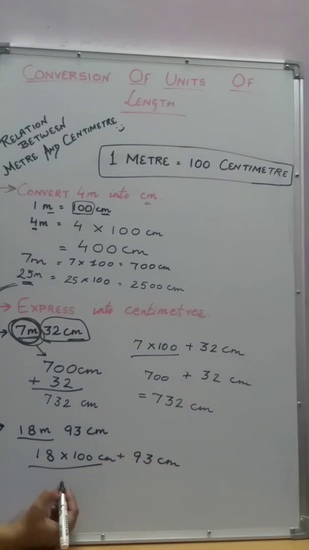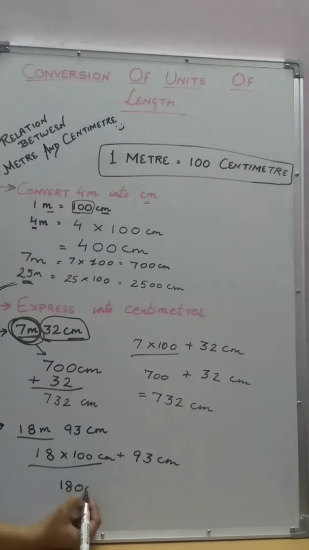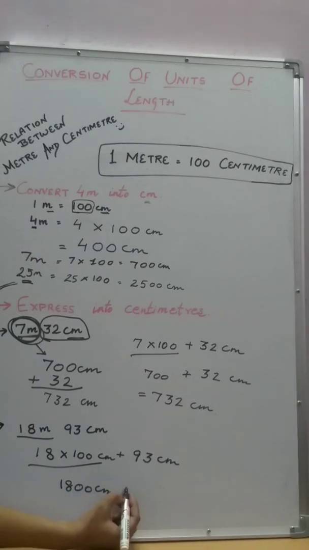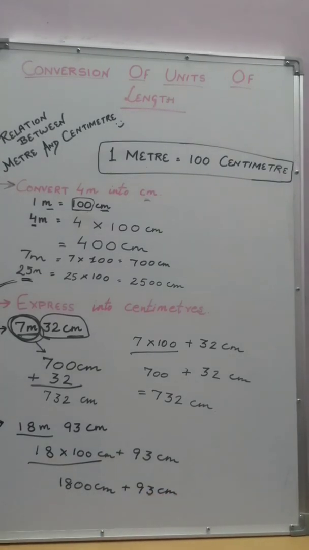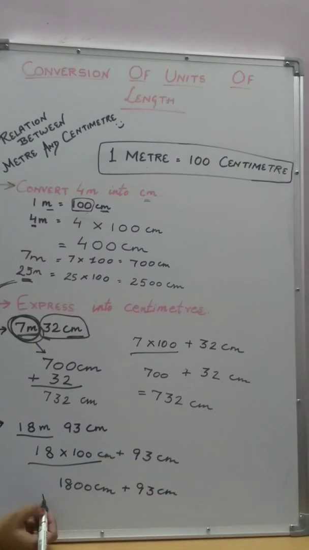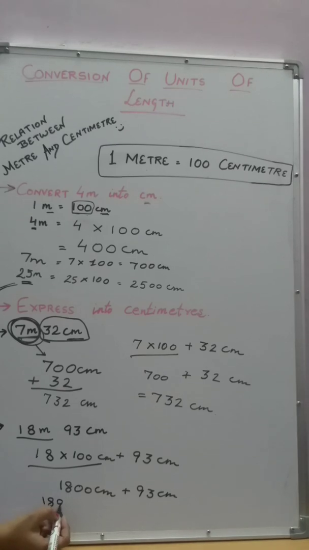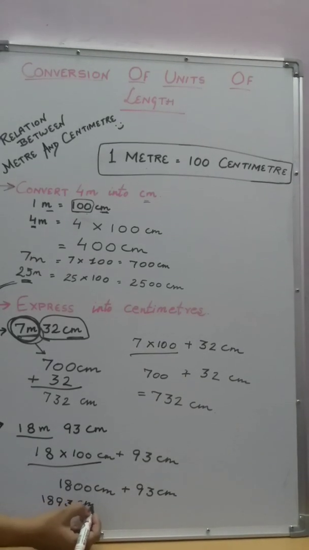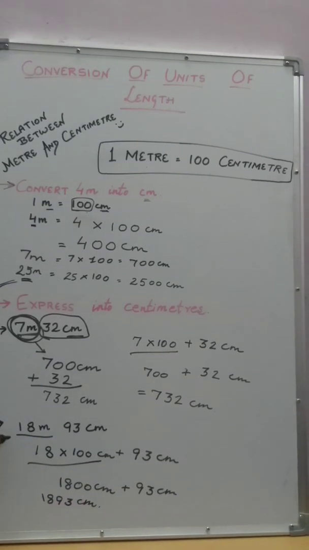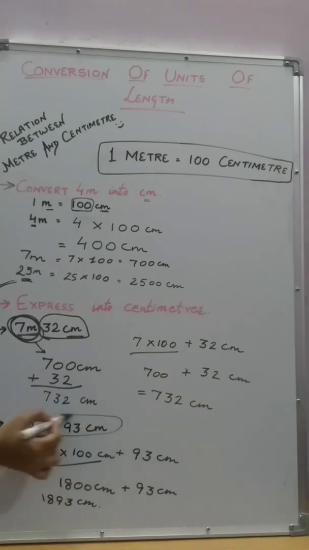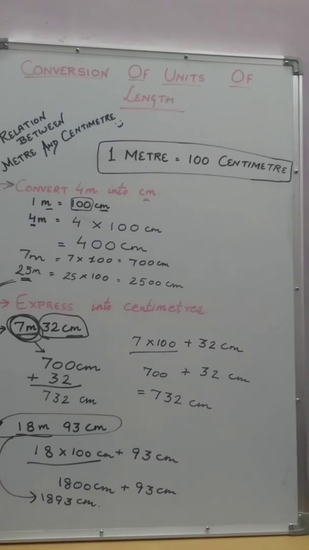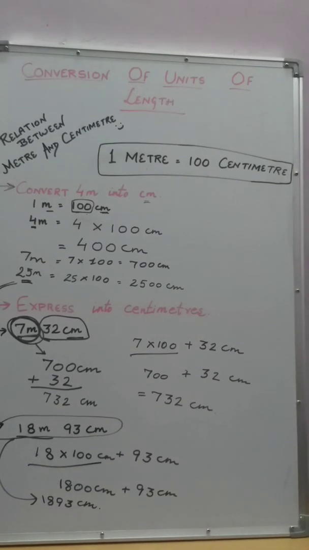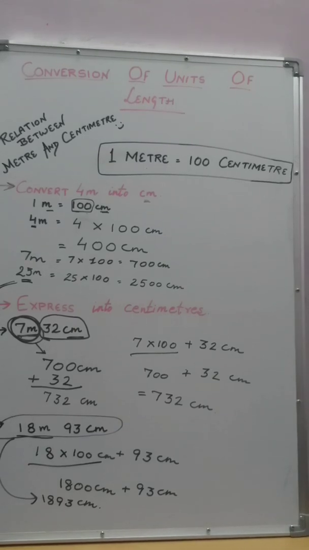So here we will get 1800 centimeter plus 93 centimeter. And now if we add, we will get 1893 centimeter. So 18 meter 93 centimeter equals 1893 centimeter.